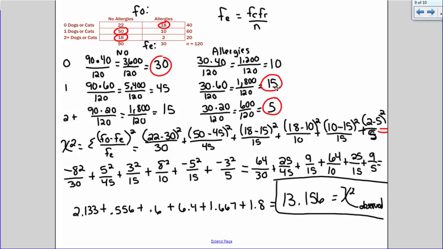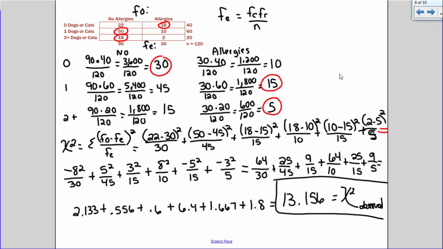Then if you look at these numbers, if there's no relationship, then we would think 15 people who had 1 dog or cat and 5 people who had 2 or more would have allergies, but we actually have fewer that had allergies, and that's because we think that the people who had pets were more resistant to allergies than what we would expect if there was no relationship between those two variables.